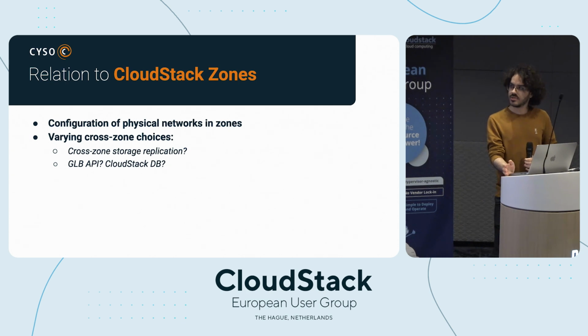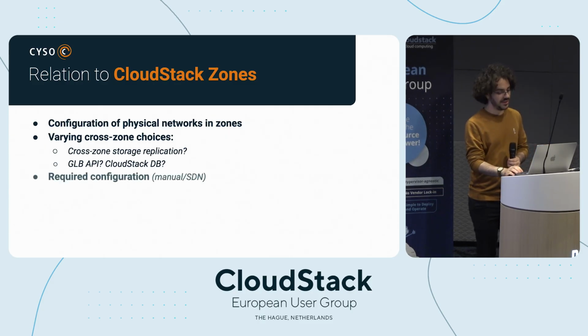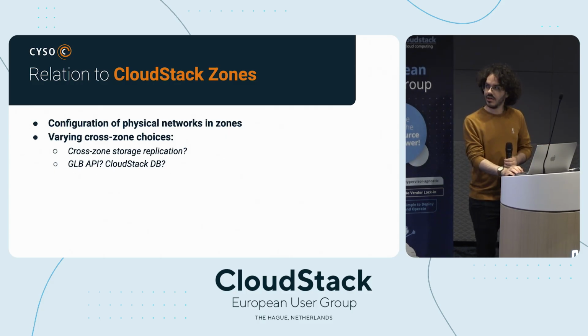And then, of course, the CloudStack database and the management servers. You're going to need CloudStack management service in both zones. But then, of course, you run into things like latency and a few other things. Within Europe, at least Western Europe, you'll probably still be fine.